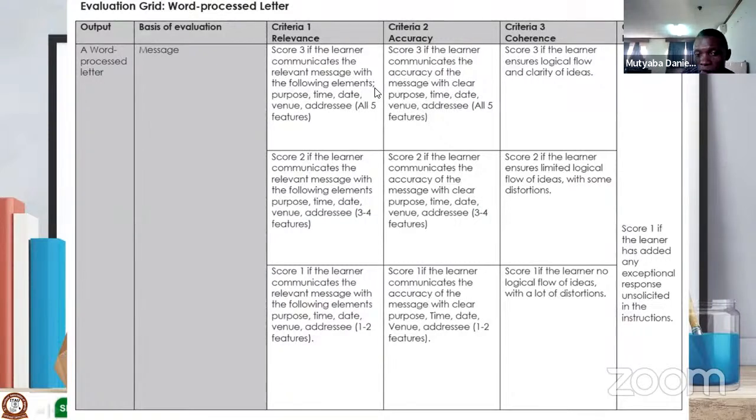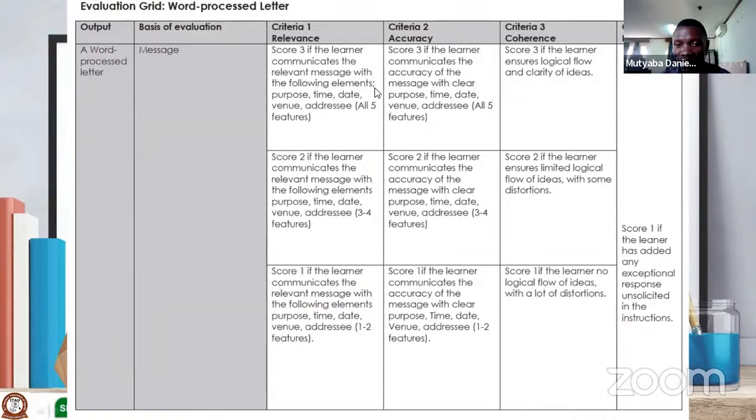We talk of the venue, is it the right venue? If we talk of the addresser's address or the addressee's address, are they proper? Are they accurate? So you keep on gauging that. If you have 5 components, you measure their accuracy at that level. If all of them are accurate, the learner gets 3. If they are not accurate, maybe some are missing, between 3 to 4, you give 2. When only 1 to 2 are accurate, you give 1.